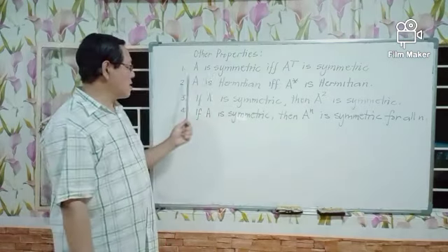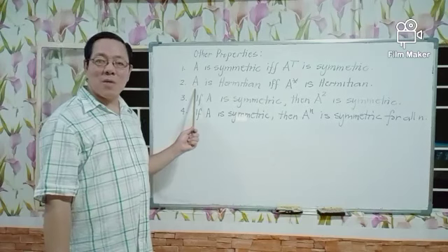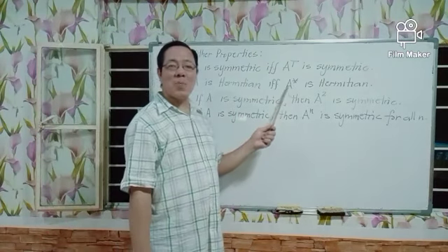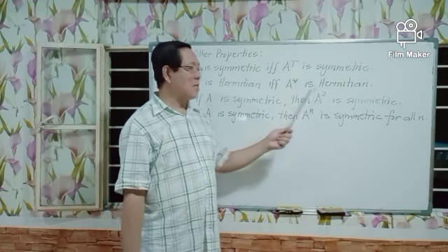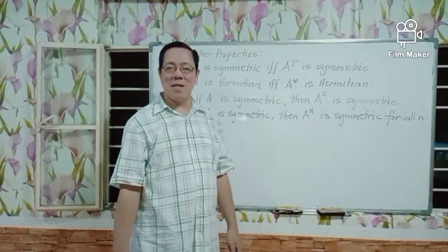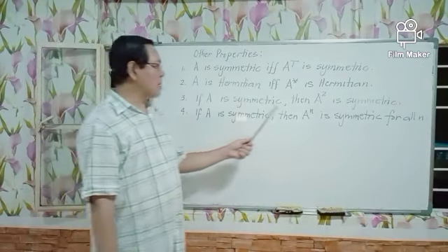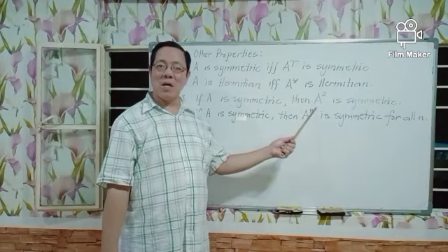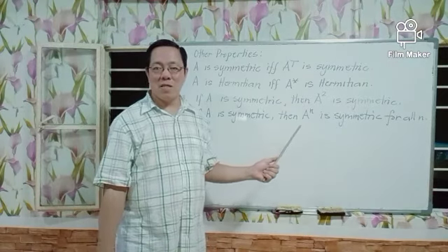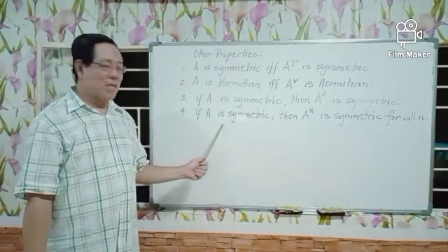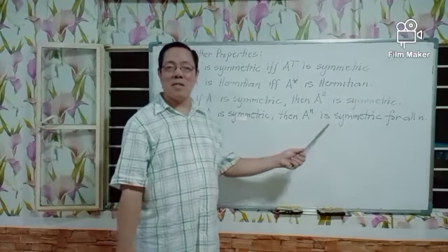As in number 1, the second property can be split into two statements. If A is a Hermitian matrix, then the adjoint of A is Hermitian. And if the adjoint of a matrix is Hermitian, then the matrix A is Hermitian. And number 3, if A is symmetric, then the square of A, which is equal to the product of A with itself, is symmetric. And the more general statement is, if A is symmetric, then A to the power n for all values of n is symmetric.